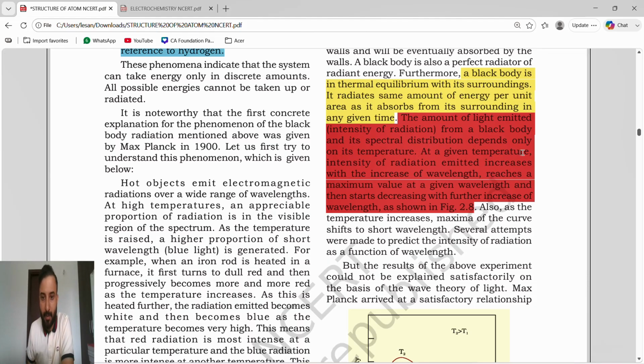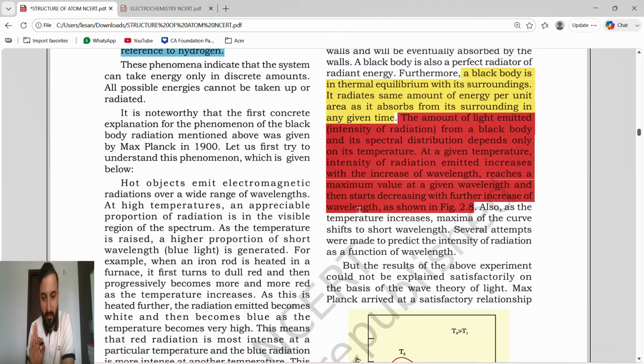At a given temperature, intensity of radiation emitted increases with increase of wavelength, then reaches the maximum value and then starts decreasing with further increase of wavelength.